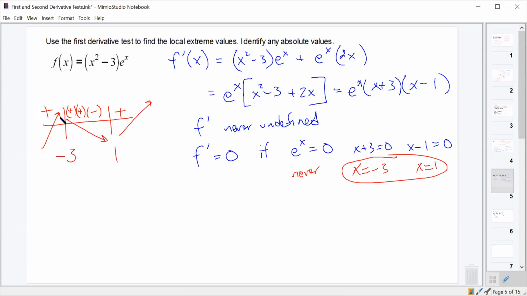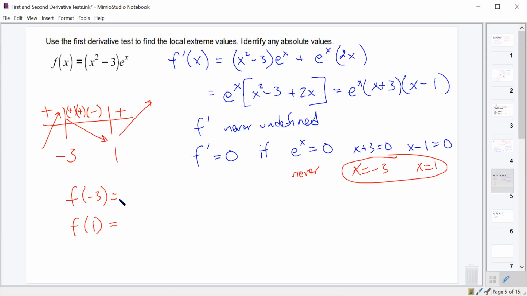Everybody good with that or no? Good. Okay. Let's find the values of our function at -3 and at 1, because that's at least a local max and a local min, and perhaps one of them or both of them might be absolute extrema also. We'll have to figure that out.